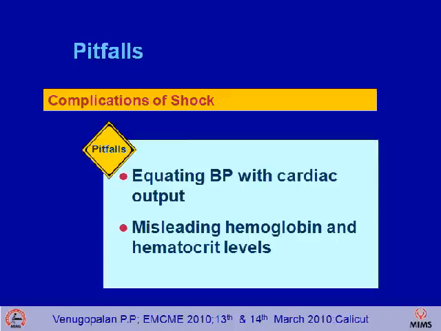When you use blood pressure as an index of shock, it will be a big disaster, because you cannot equate BP with cardiac output. It's always misleading. Hemoglobin and hematocrit levels as an index of blood loss are also misleading. So don't use BP, hemoglobin and hematocrit as an index of shock management.